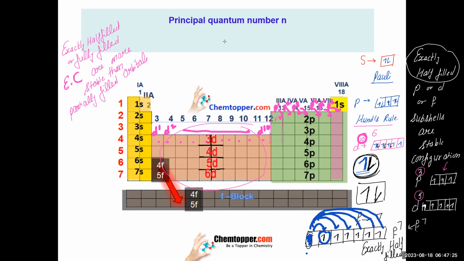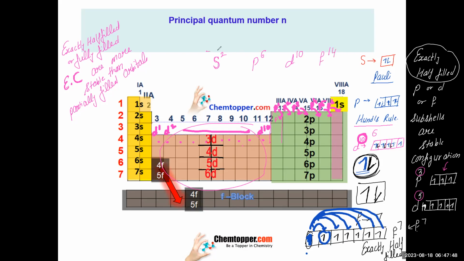Like fully filled. What is fully filled of S? Yes, children, fully filled S subshell is only two. Fully filled P subshell, fully filled D subshell, fully filled F subshell.